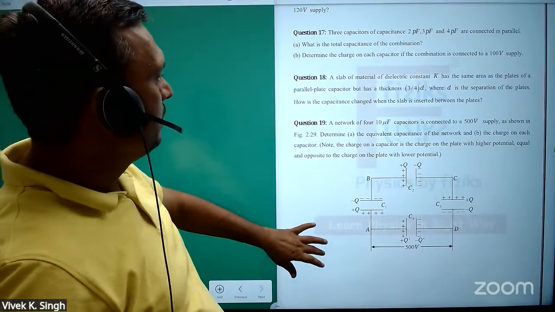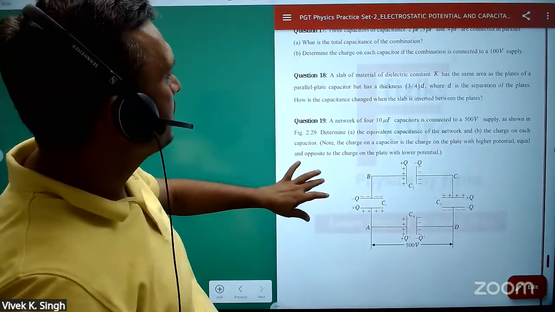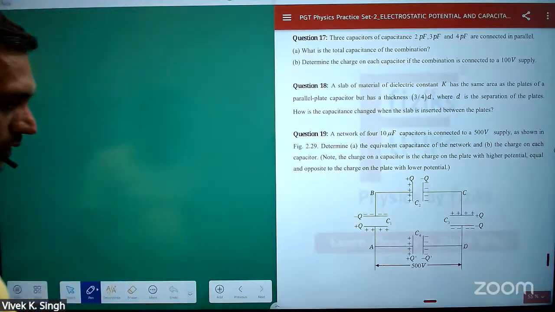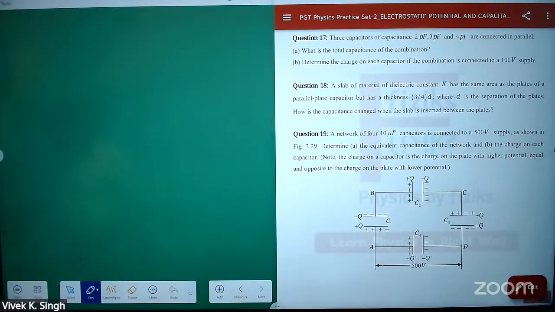Now see question number 18. Let's solve question number 18. Try to solve it.